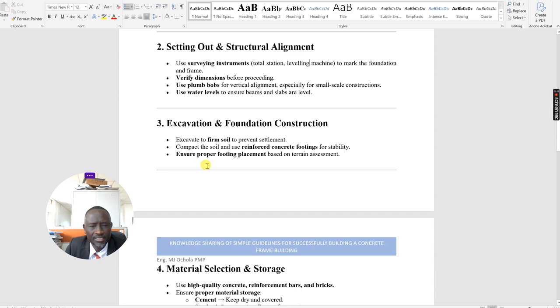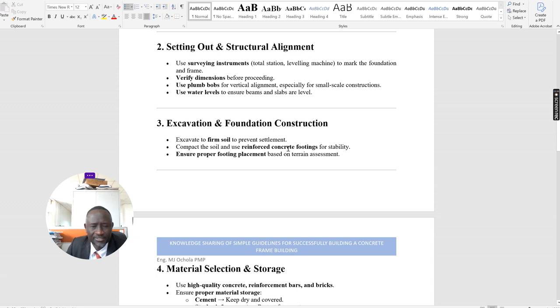So it is important here. Compaction and use of reinforced concrete footing. Of course, this is an output of design, so the builder will have to make reference to the levels and to the geotechnical investigations, so that it controls the excavation level. You don't need to over-excavate, because it may prove to be expensive for the client.